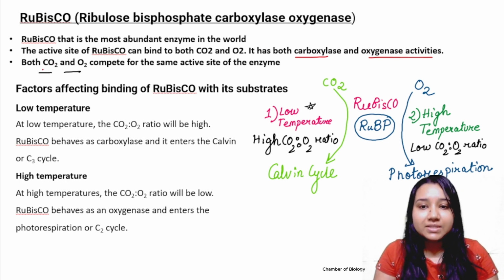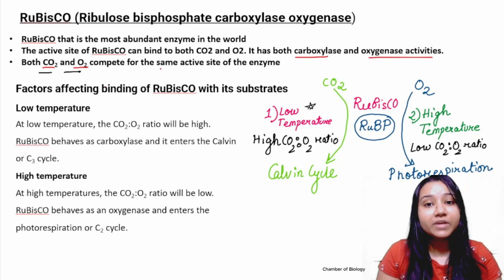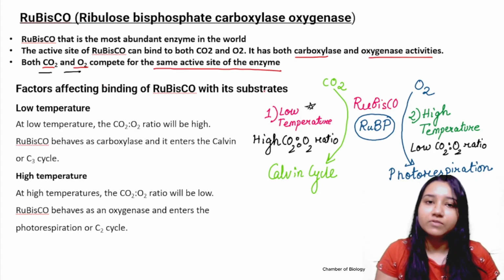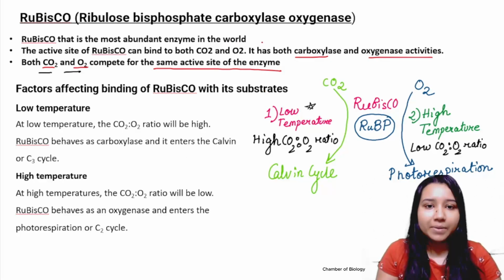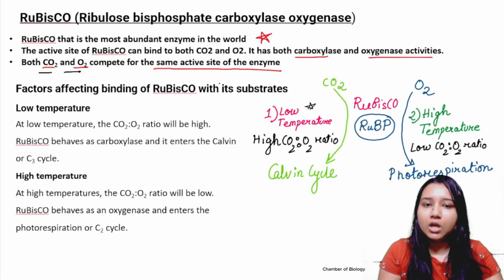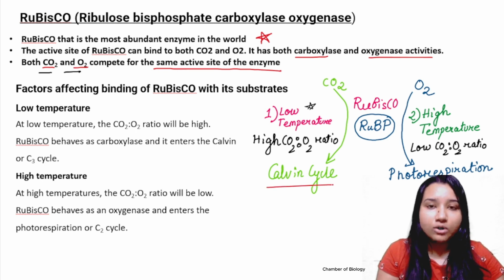So that means the carbon dioxide and the oxygen are going to compete for the same active site of the enzyme. And just to give you an idea, this enzyme is the most abundant enzyme in the world. So when do we see the Calvin cycle occur?